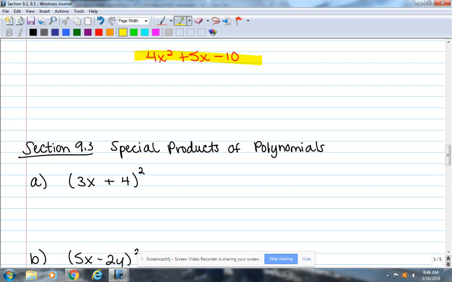Now, what is a product? Answer to multiplication. Special means it's special. Right? Unique, not common. Out of ordinary. Better than normal.